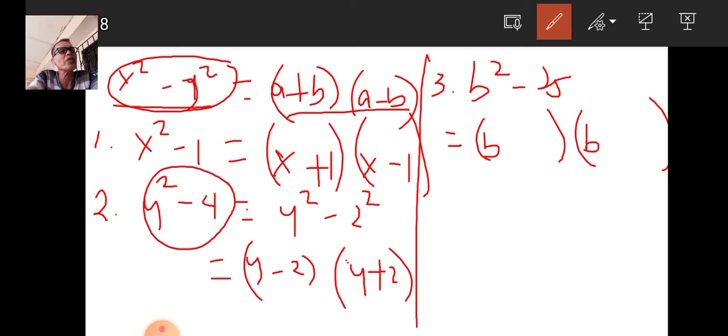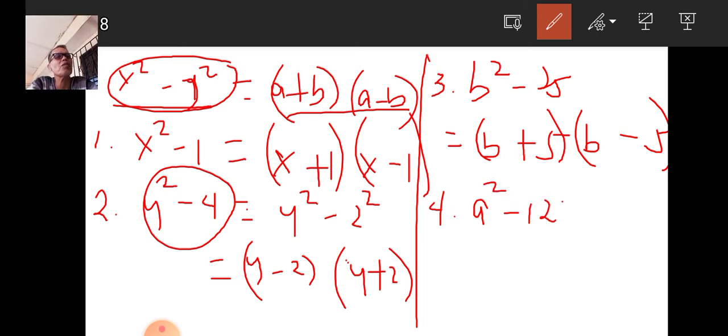The square root of 25 is 5, or 5 times 5. So one is positive, the other one is negative. So that is how to factor the difference of two squares. Last example, if we have a squared minus 121.